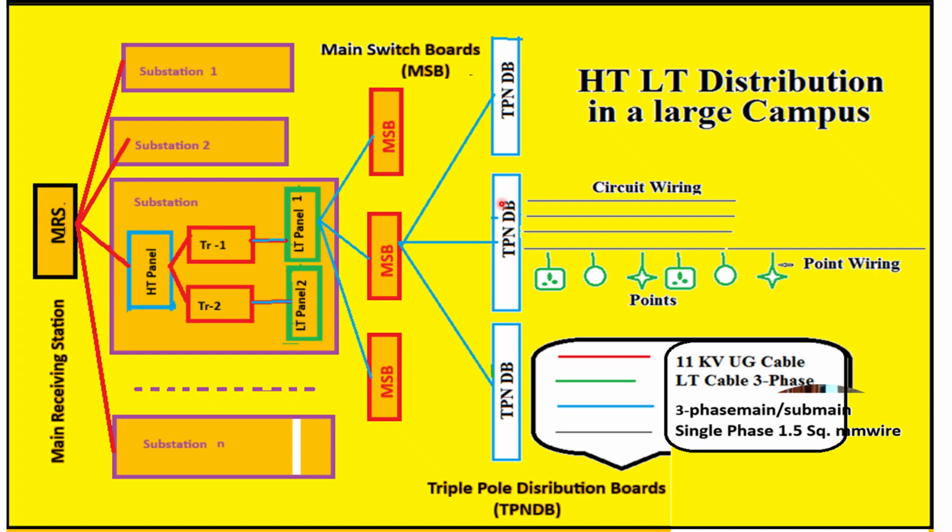After this TPN DB, we get a number of circuits. The four-way TPN DB will give you 4 into 3, 12 circuits. Each circuit consisting of 1 kilowatt. So from a four-way TPN DB you get 4 kilowatt load fed.